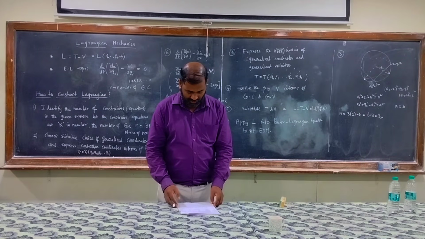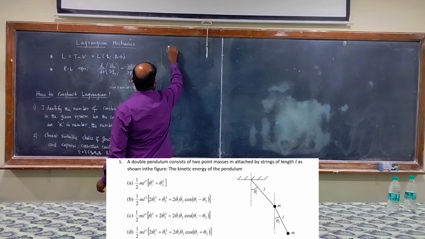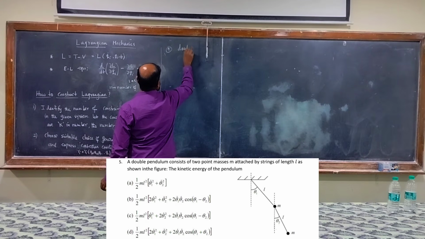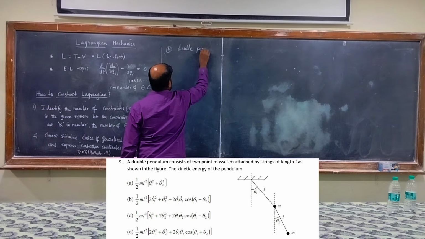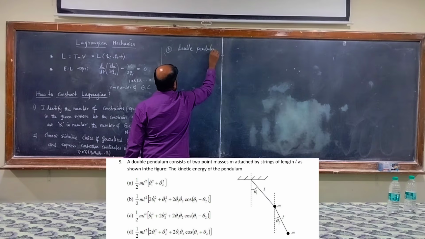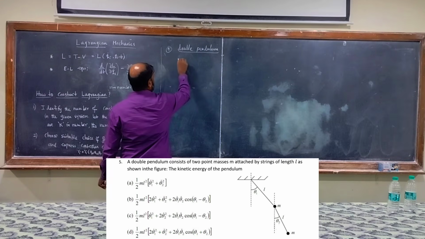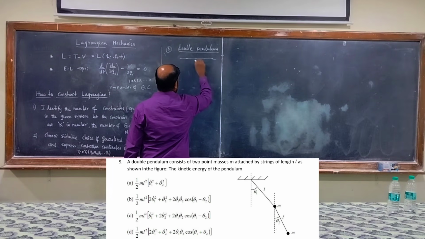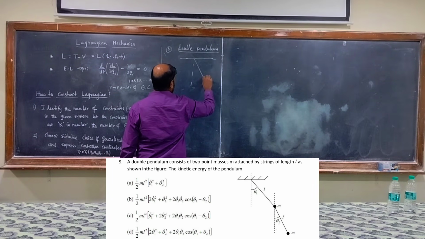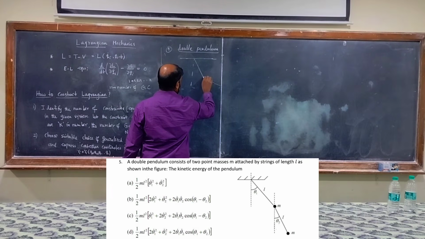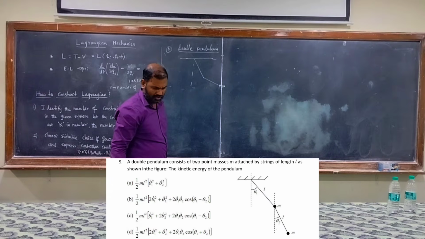Look at question number 5. So what is a double pendulum? There are two masses.